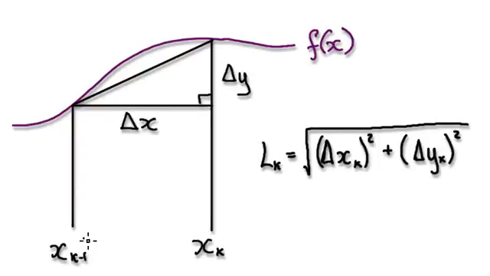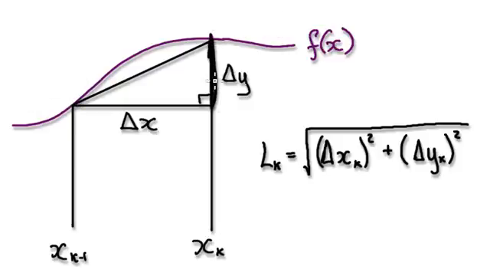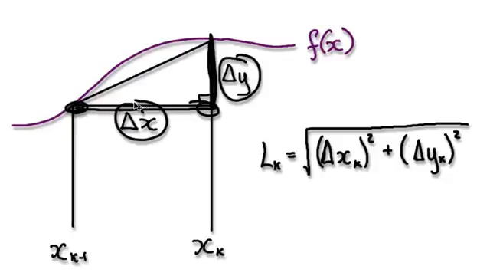So this here is xk minus 1, xk. This point here is really f of xk. This point here is f of xk minus 1. So this height here is delta y. This length here is delta x.